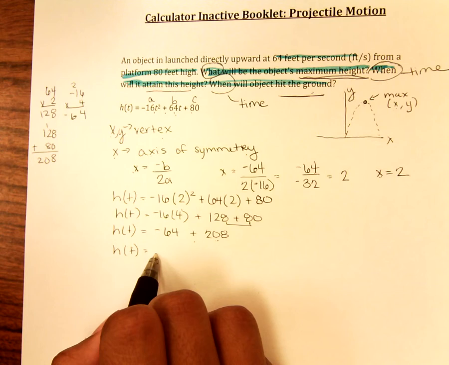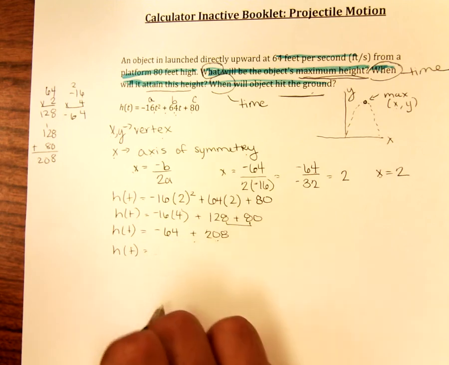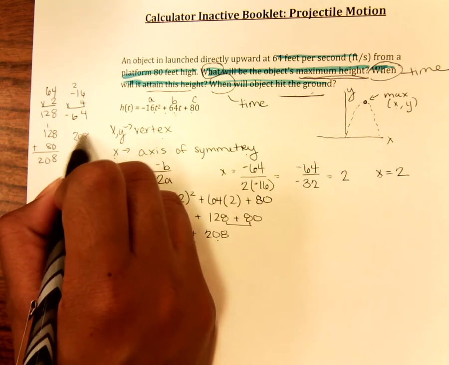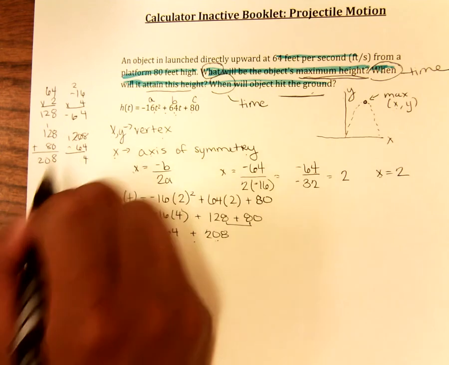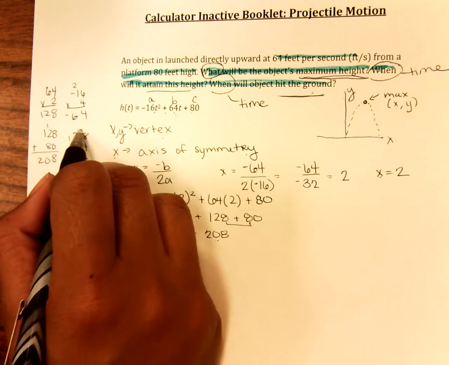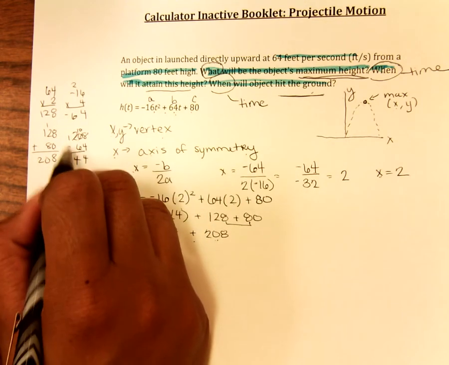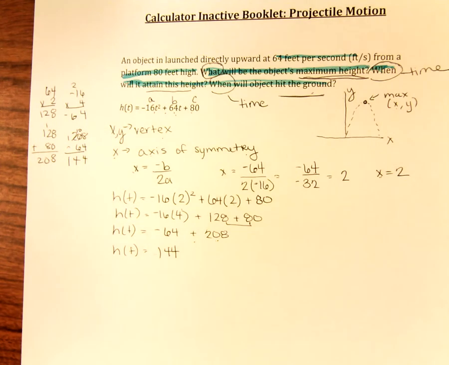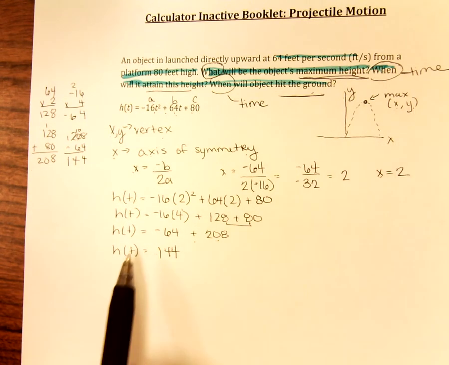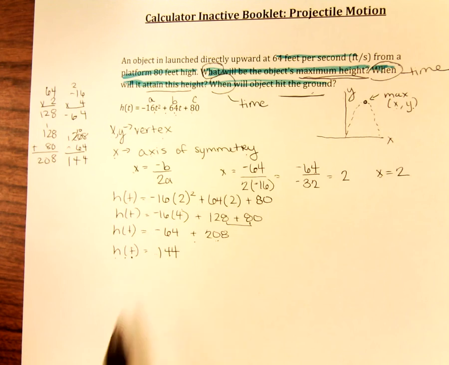I know my answer here is going to be positive, and so all I have to do is just subtract. So I have 208 minus 64. That's 4, cancel out. 1, 10 minus 6 is 4. Bring down that 1, 144. So in this case, my Y, or my H of T, is 144.